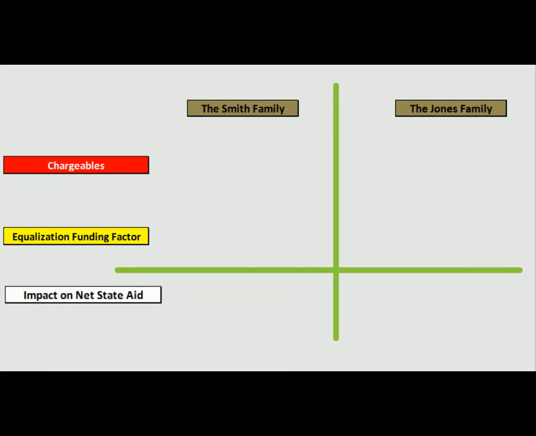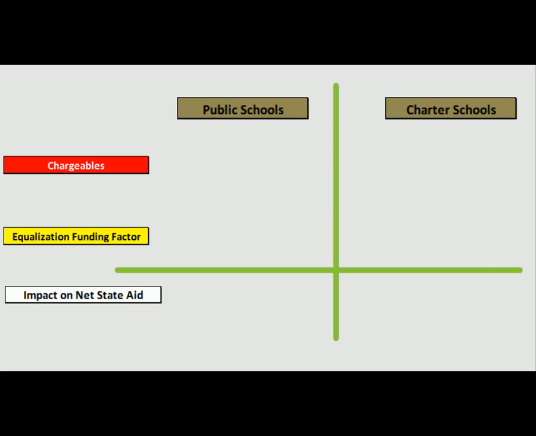When examining state aid, the Smith family represents public schools, both contributing and receiving distributions through equalization. Charter schools are represented by the Jones, contributing nothing to chargeables, but taking a full share of their redistribution. In fiscal year 16, public schools contributed $1.609 million of chargeables, while charter schools added nothing.